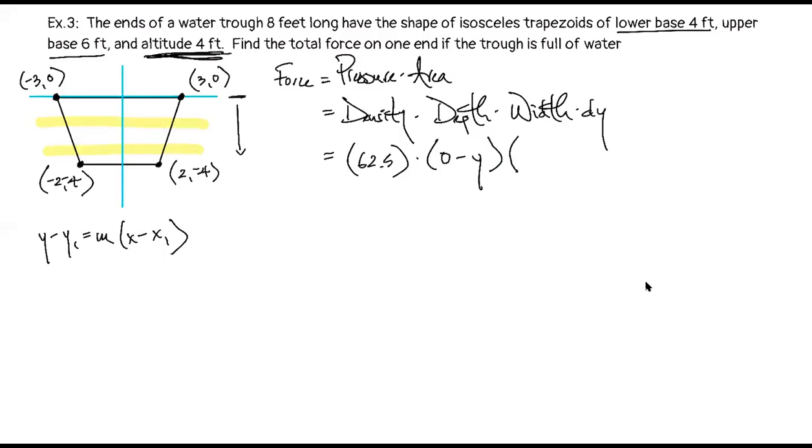So the line that I'd like us to find the equation for is this line right here. What is one point that is on that line? 3, 0. Okay, so I'm going to do x minus 3 and y minus 0.